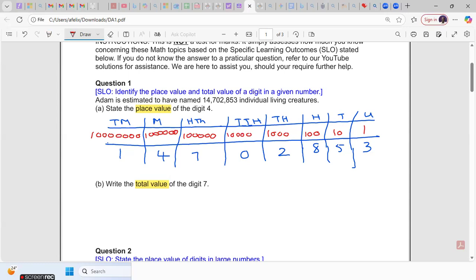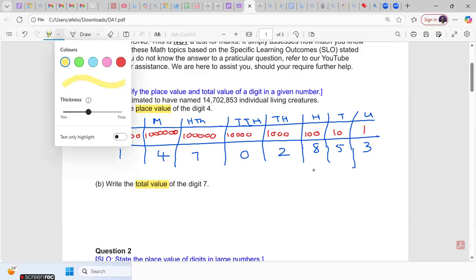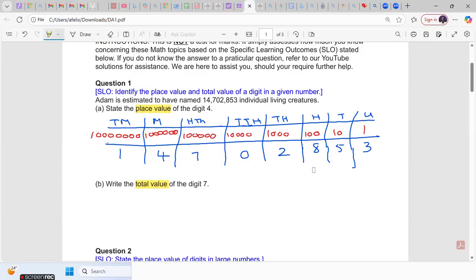Now, what you have just written in there, either in words or using your numbers, these are called your place value or values.